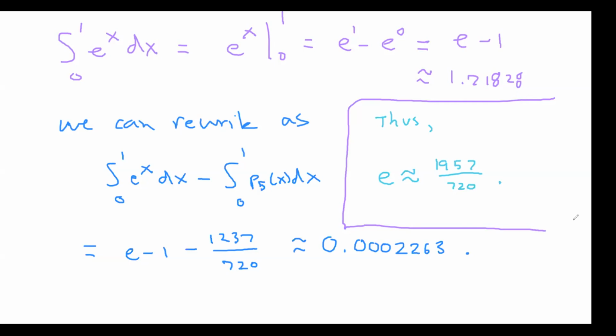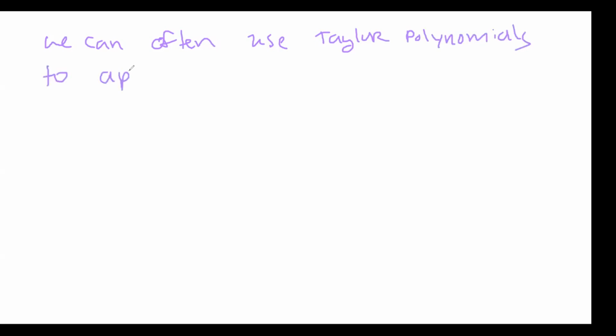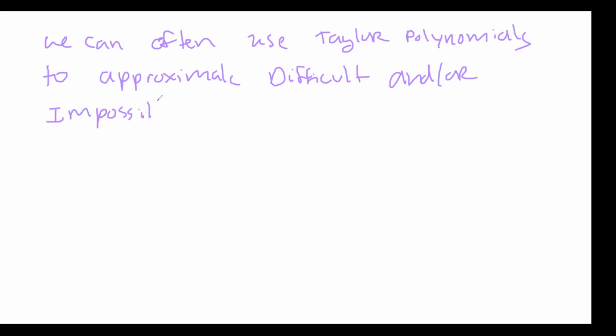So let's look at another thing we can do, and this is useful for problem 3. We can often use Taylor polynomials to approximate difficult and/or impossible integrals.